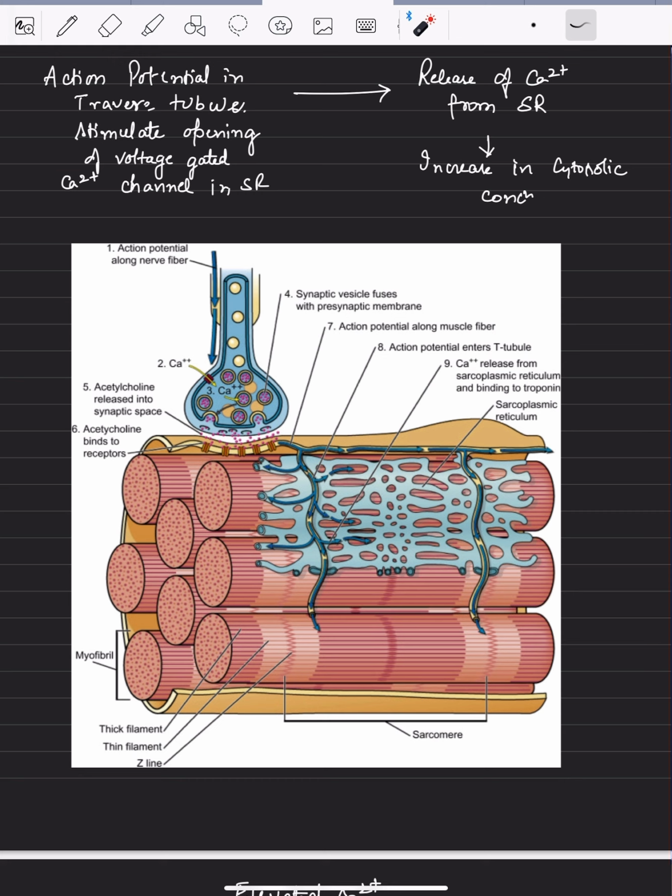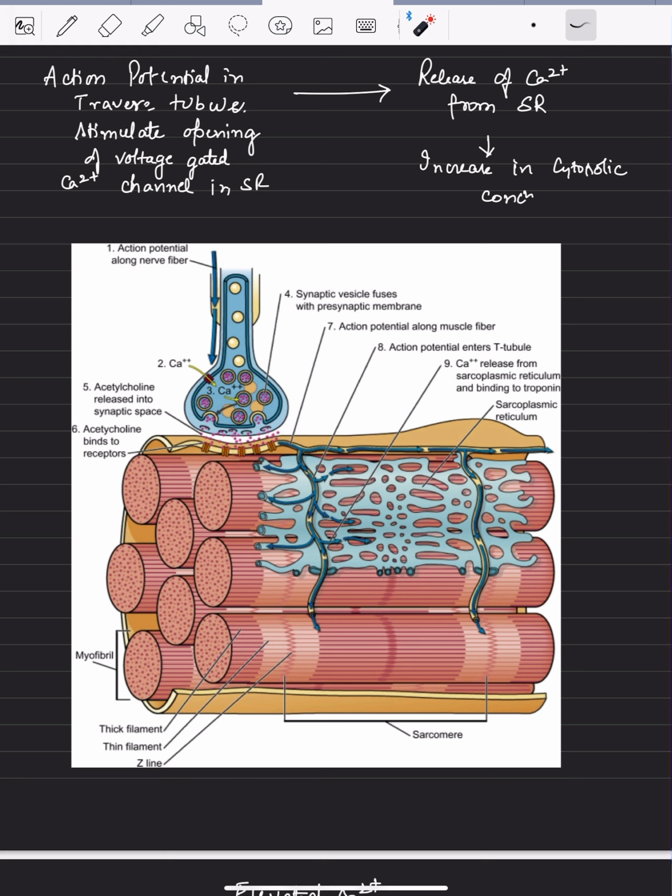Once the calcium concentration is increased, this membrane, known as the presynaptic membrane, will fuse with it. Once the fusion takes place, acetylcholine will be released into the space known as the synaptic space. And here are the receptors that will receive the chemical, acetylcholine.